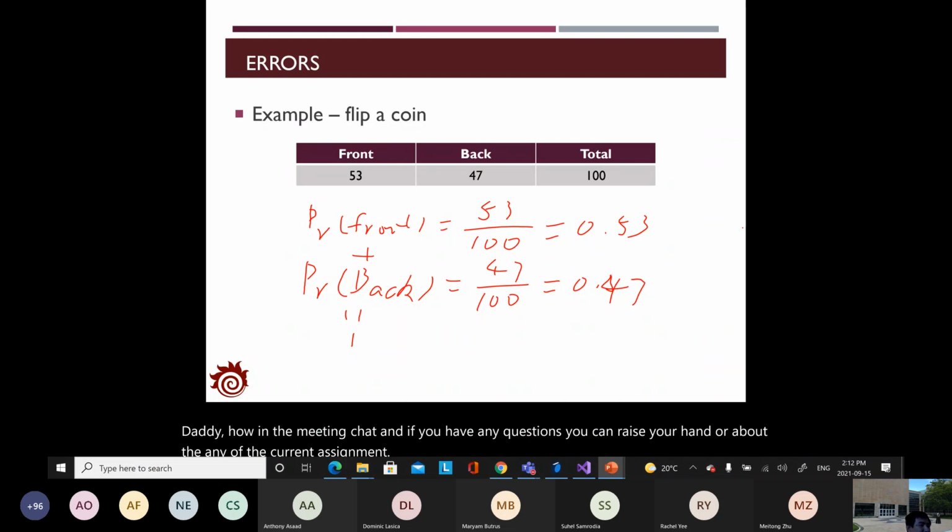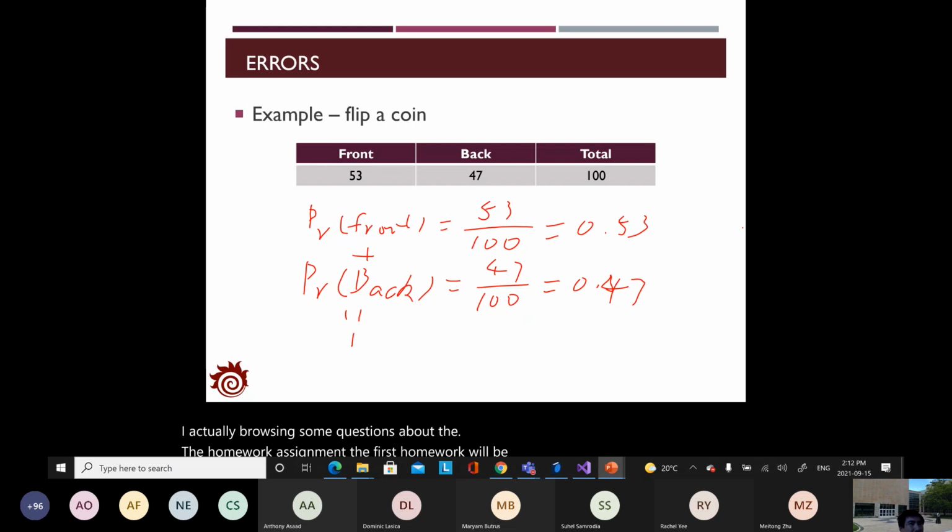I was browsing some questions about the homework assignment. The first homework will be assigned maybe tomorrow after we finish the lecture, and you will have 1 week to work on it.